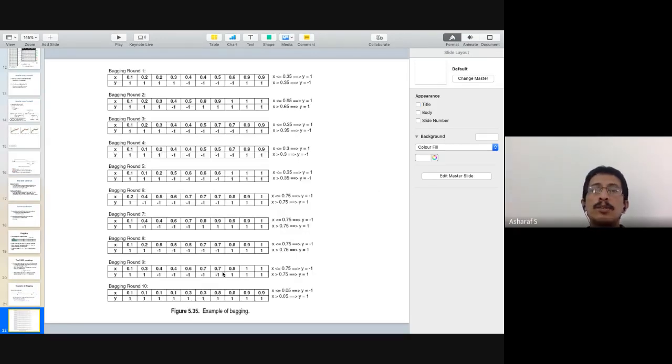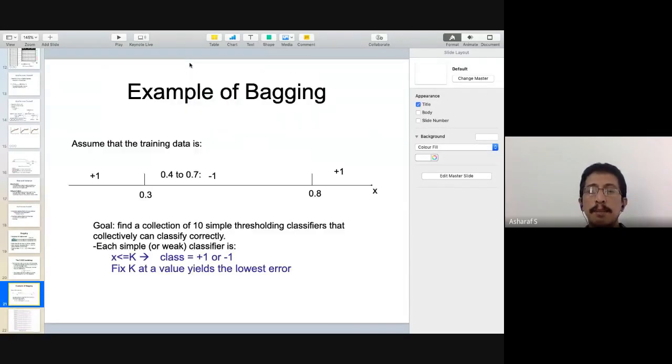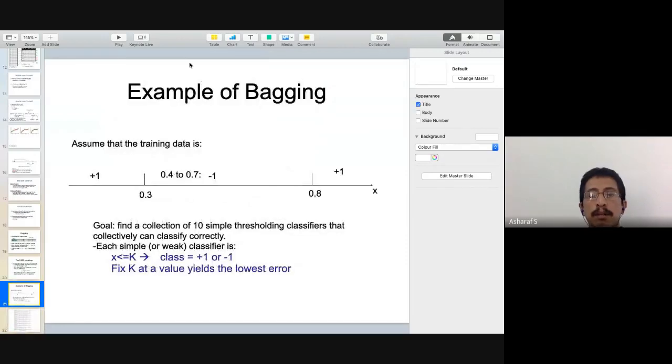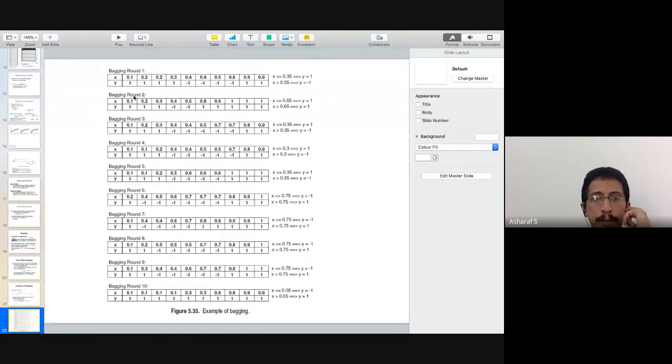This is bagging round one, meaning I can create numbers. I'm taking numbers between, say, 0.1 and 0.9, which I can assume are my extremes. I only sample at regular intervals.